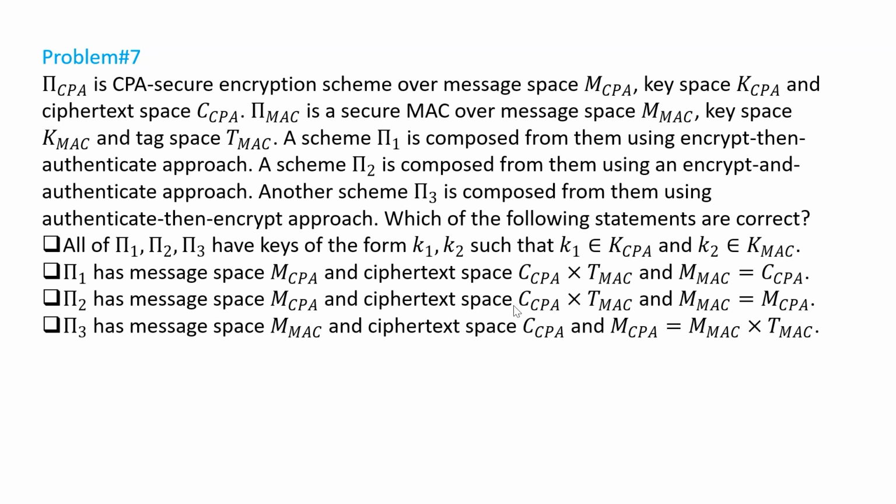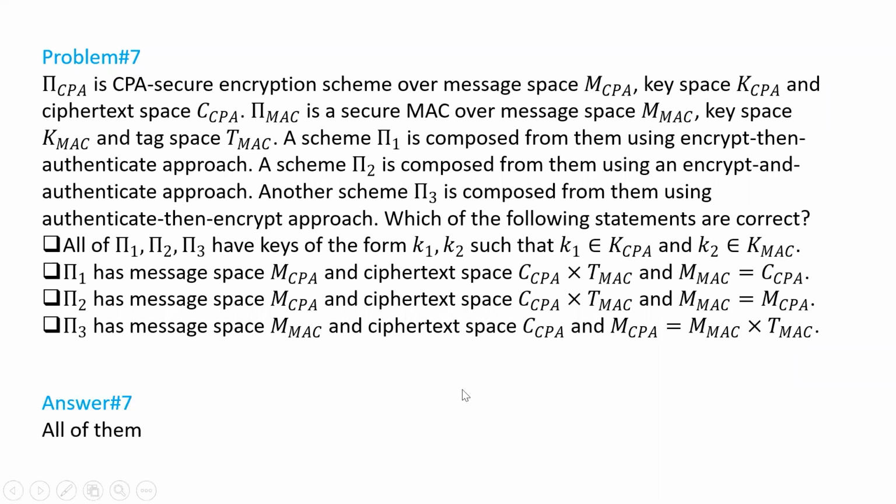So your ciphertext space is CCPA, because the final output of the encryption scheme is the output of the authenticated encryption scheme as well. The plaintext space for the CPA secure scheme is actually the message, tag pair. So it is MAC cross TMAC.